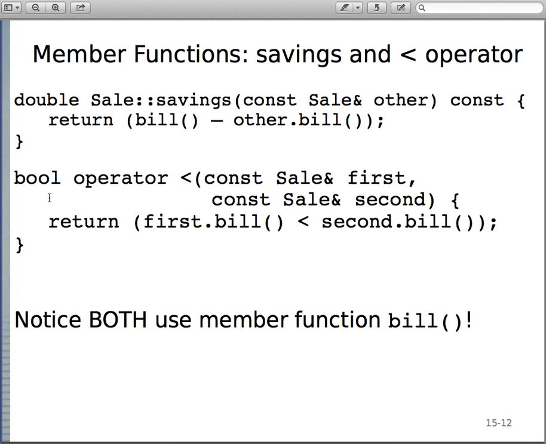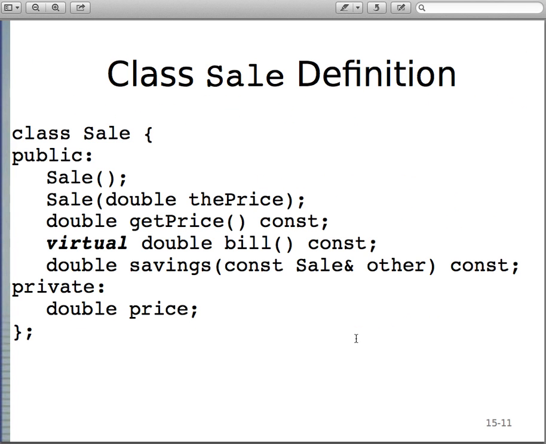This is a relational operator, so it has to return true or false. That's the common interpretation, so we want to stick with that. Okay, so notice that both of these use the member function bill. And remember, I'm scrolling back up, remember that we are keeping it virtual.